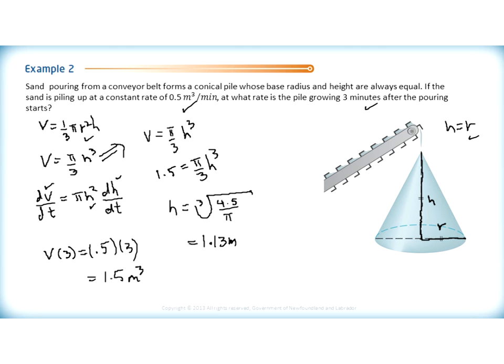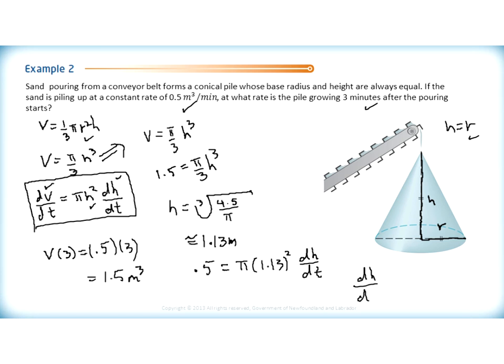And if that's the case, then we can figure out the answer to our problem, because we have 0.5 for dV/dt. I'm using this equation again now, of course. So we have 0.5 equals pi times h squared, so 1.13 squared, times dh/dt. Then dh/dt will be equal to 0.5 divided by pi times 1.13 squared.